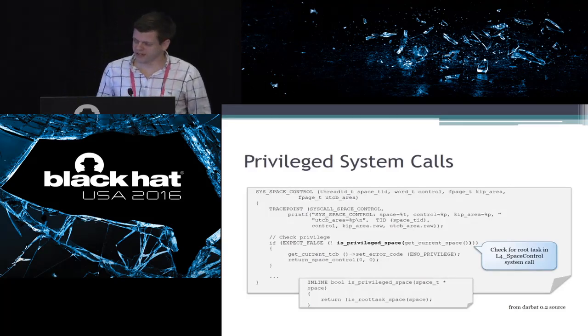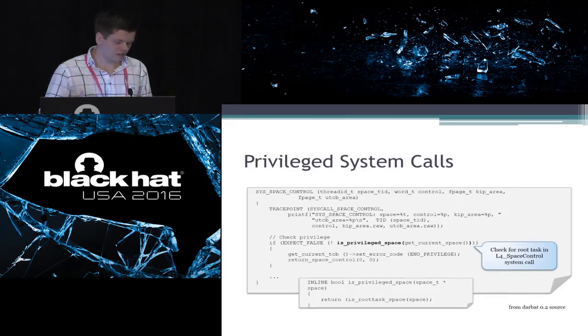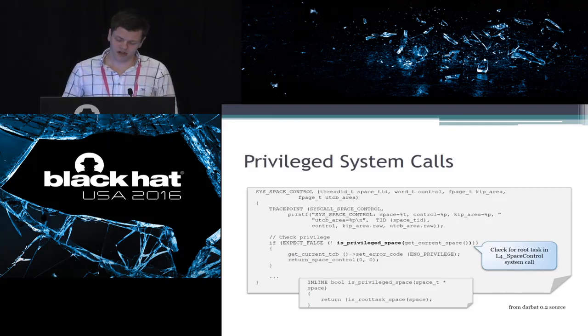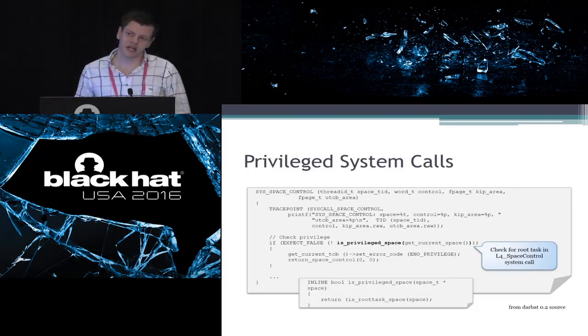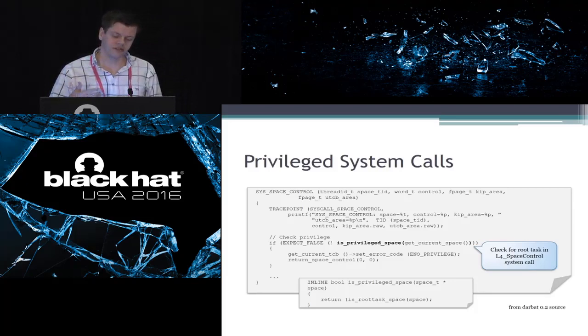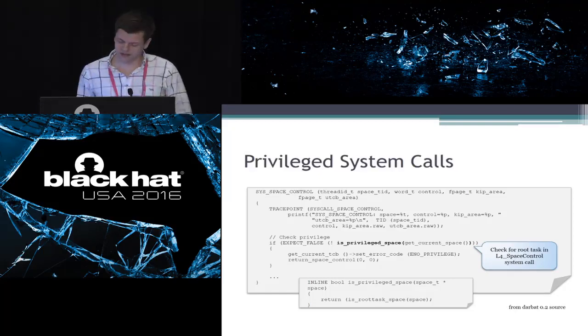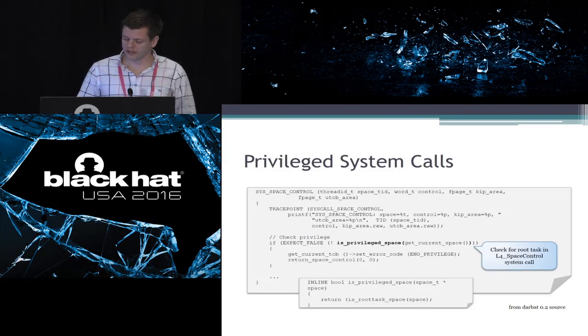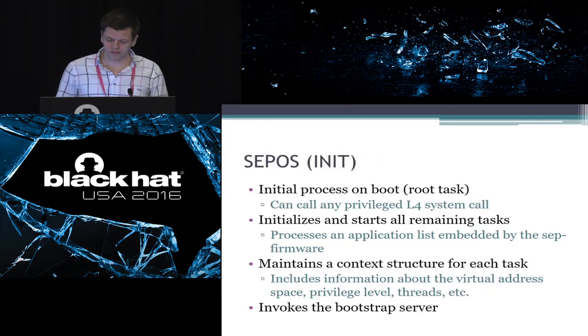An example of this is shown here. This is the L4 space control system call from the Darbat source, where it checks if the caller is actually privileged. So as an ordinary application, you can't just go ahead and call these. You will need to do IPC to the root task, the SEPOS task, to be able to invoke the functionality you need.